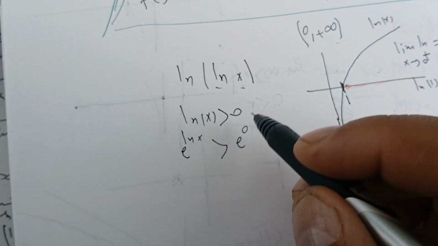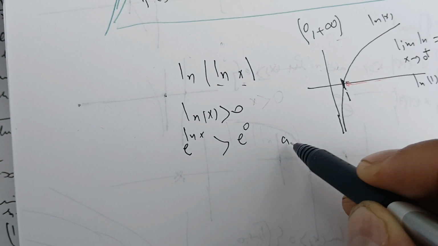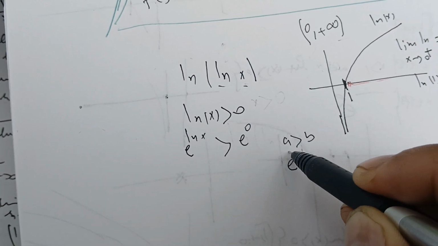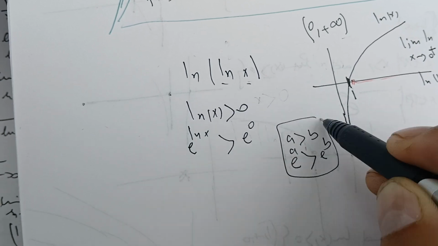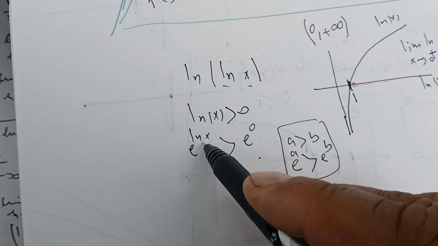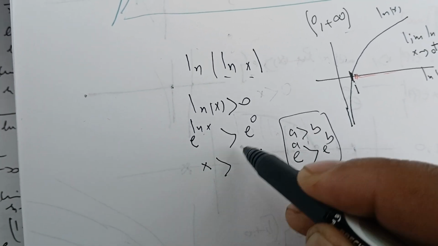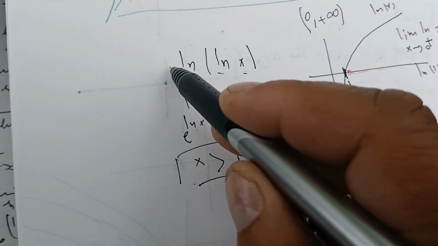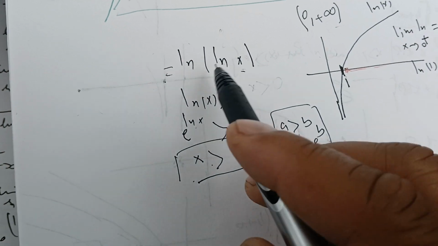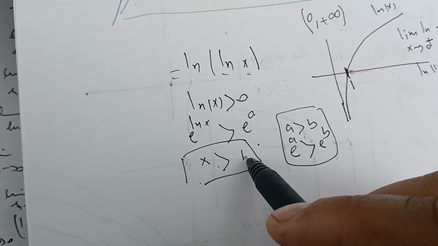That means if you have a bigger than b, then e to a is going to be bigger than e to b. So now we know that this one is x and e to 0 is 1. This gives us the domain for this one: x bigger than 1.